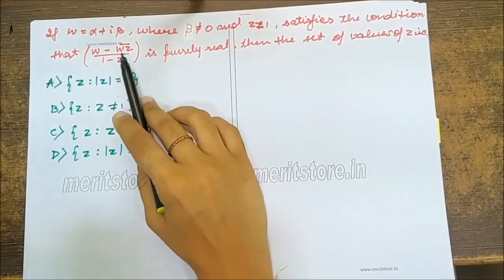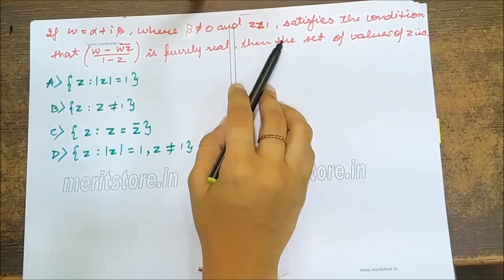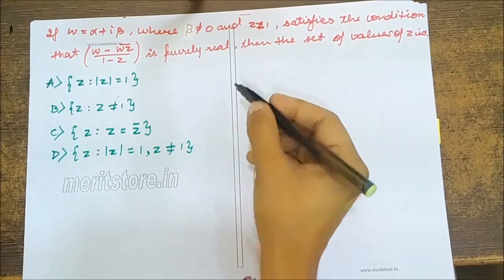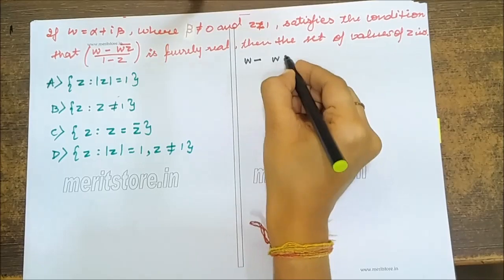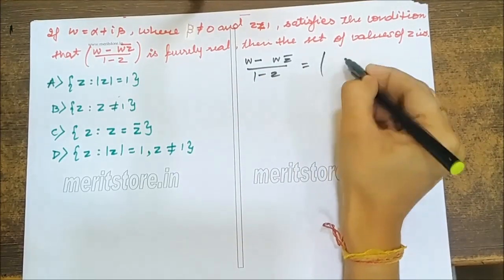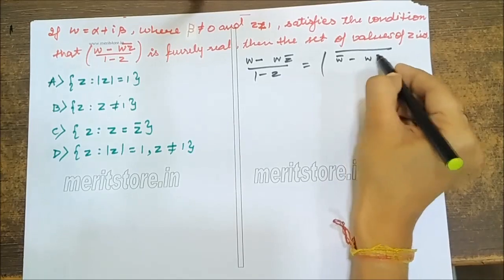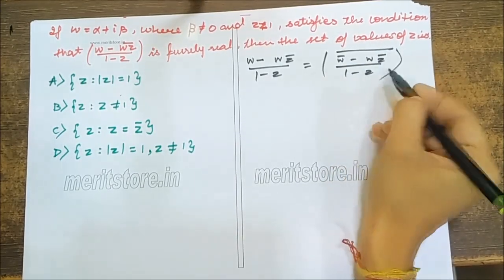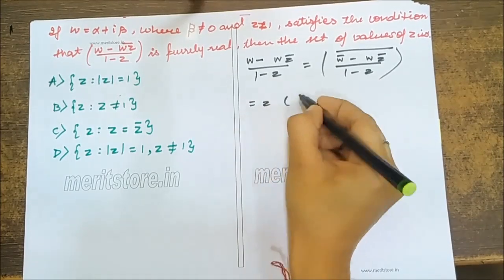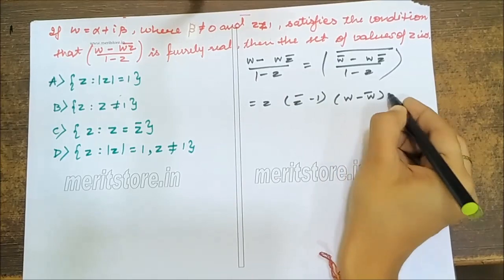If w is equal to alpha plus i beta, where beta is not equal to 0 and z is not equal to 1, satisfy the condition that (w minus w modulus of z) upon 1 minus z is purely real, then the set of values of z is: w minus modulus of zw upon 1 minus z is equal to w minus w modulus of z upon 1 minus z, that is equal to z modulus of z minus 1 times (w minus modulus of w), that is equal to 0.